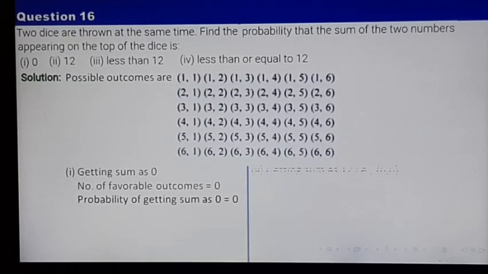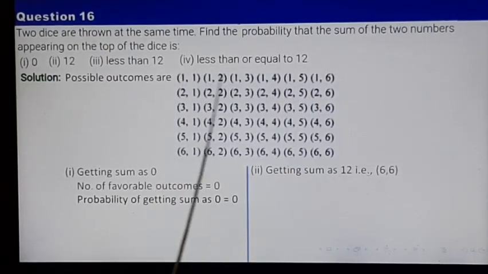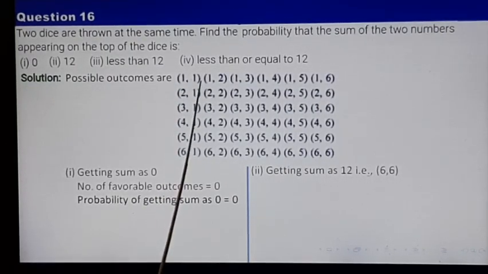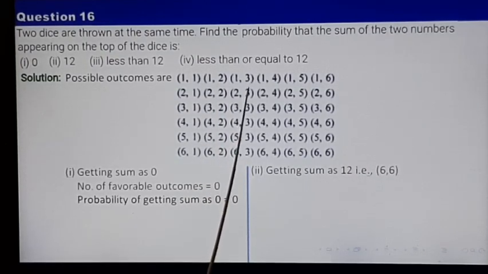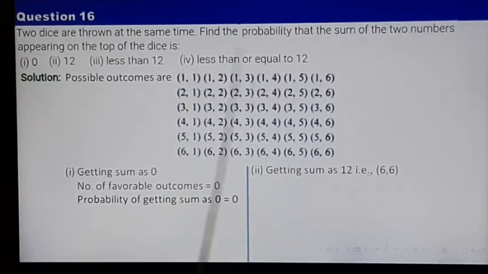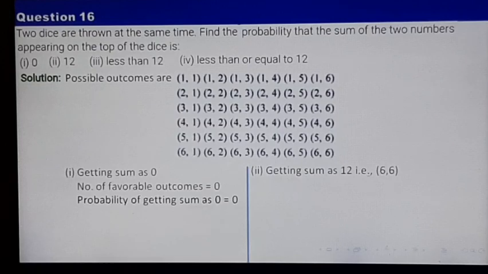Now let us go to the second case, that is getting the sum as 12. If you add these, for example, 1 plus 1 is 2, 1 plus 2 is 3, 1 plus 3 is 4. If you add in such a manner, you won't find 12 anywhere except this. When you get 6 and 6 on both dice, only then you'll get the sum to be 12.